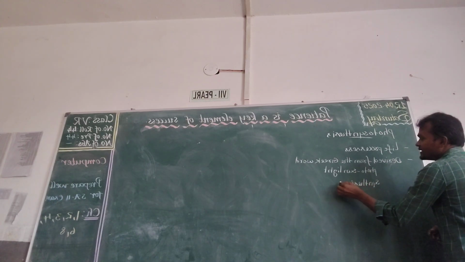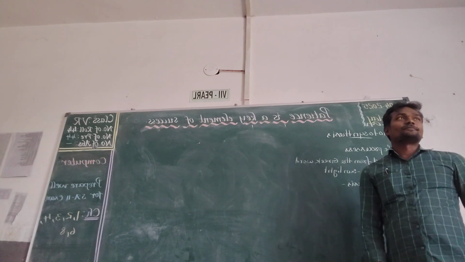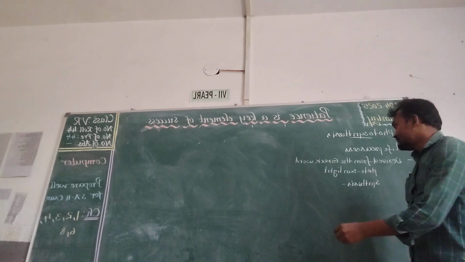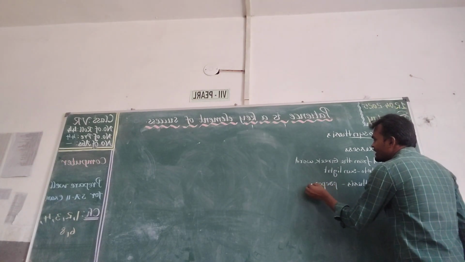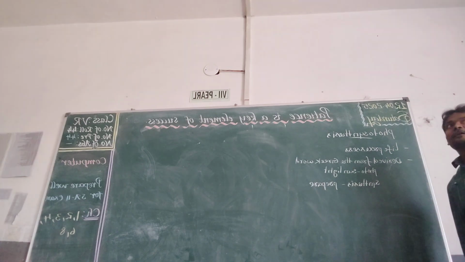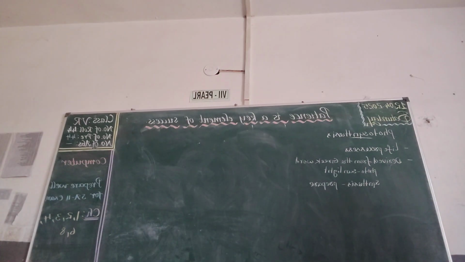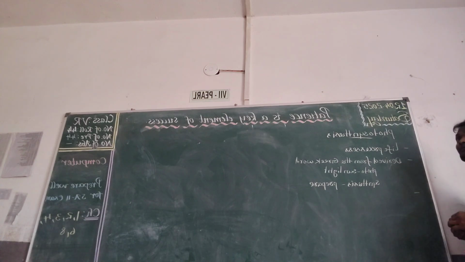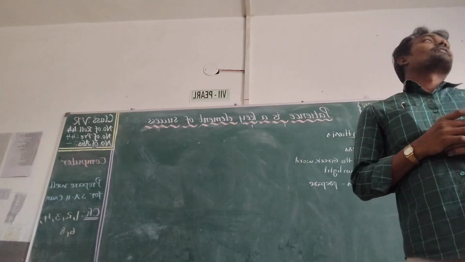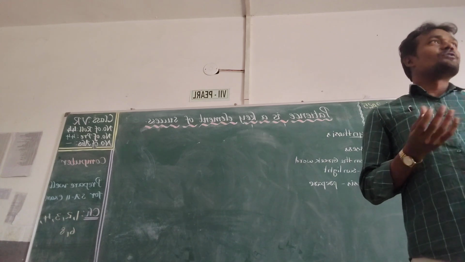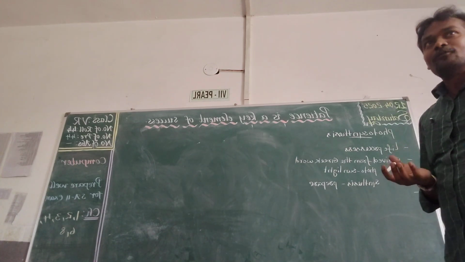Synthesis means putting together or prepare. So what is the meaning of photosynthesis? Preparation of something by using sunlight. So what is photosynthesis? The process of making food by green plants by using sunlight is called photosynthesis.